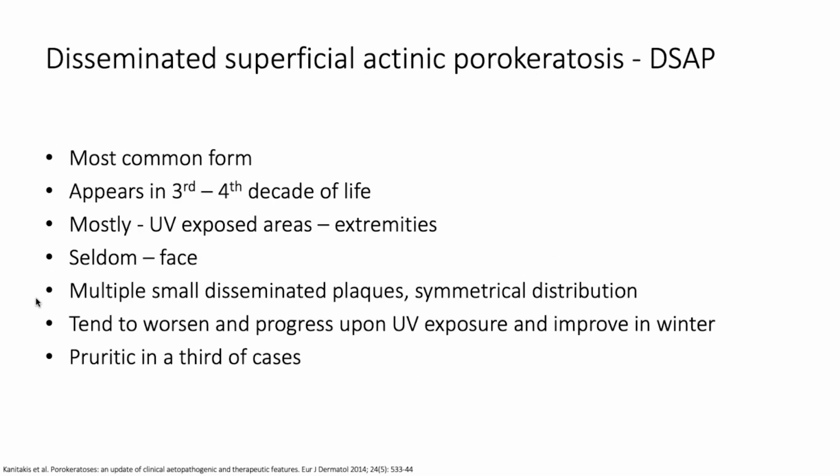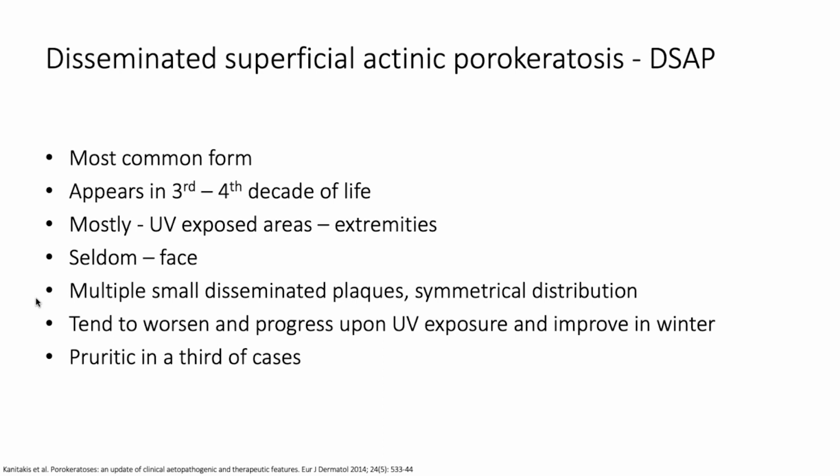However, how do we treat the most common type of porokeratosis, namely disseminated superficial actinic porokeratosis, or DSAP for short? It usually appears in quite young patients, 30 to 40 years old, and mostly on UV exposed areas, that is lower and upper extremities.